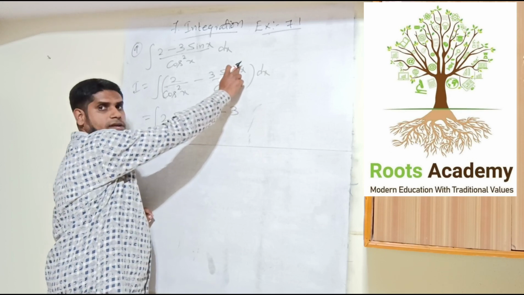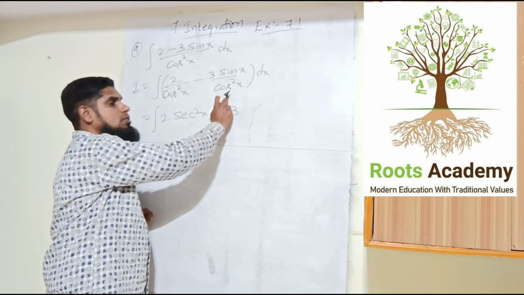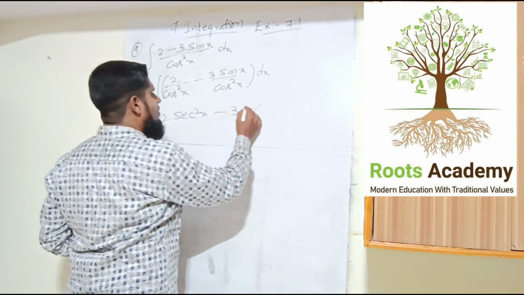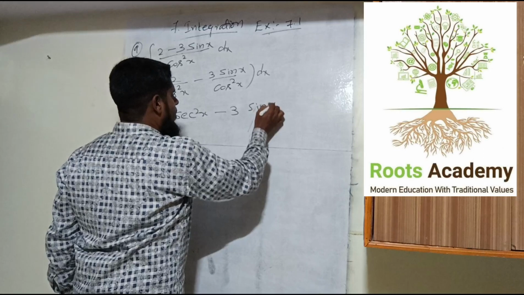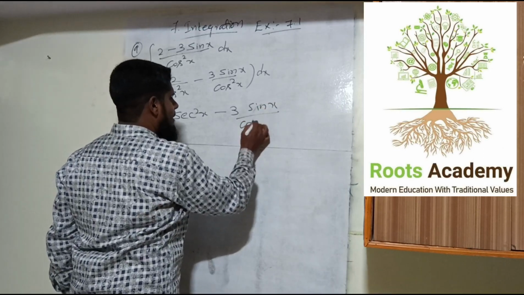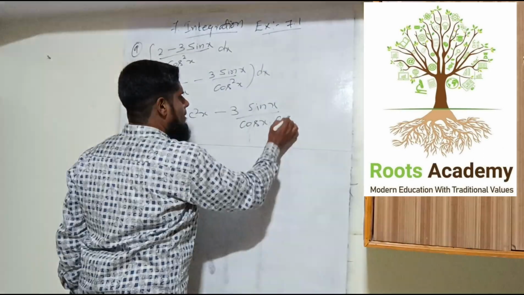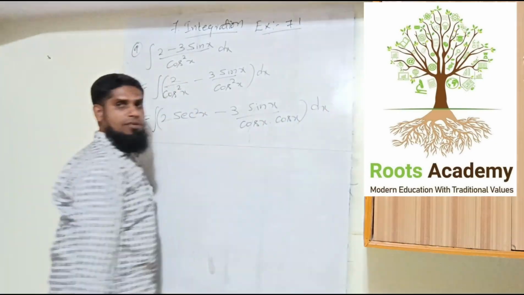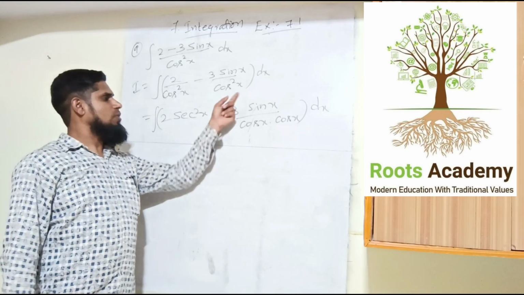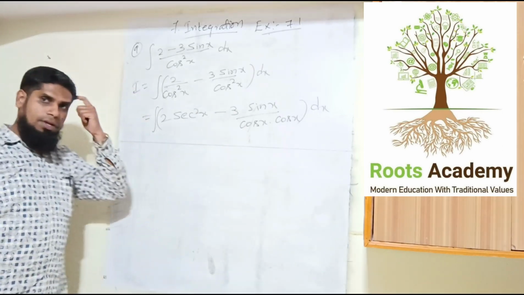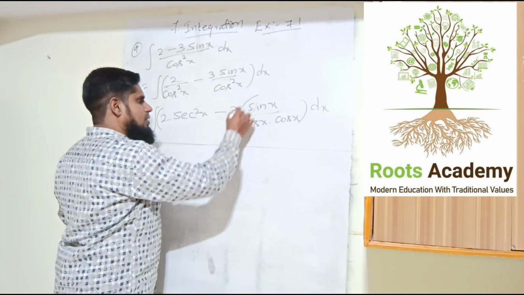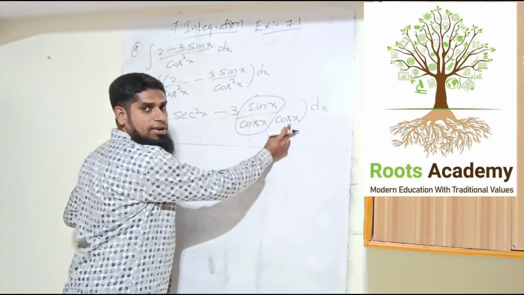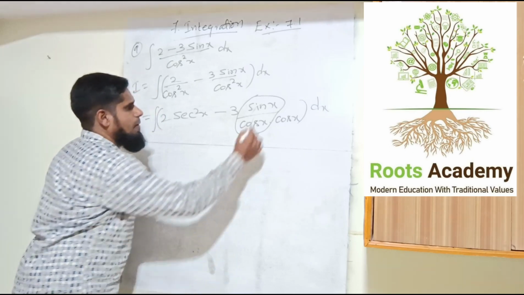So I will mix sin with 1 time cos, so that I can read it as sin by cos. I will write it like this: sin x divided by cos x into cos x. So no student should get confused here. I will write cos square x as cos x into cos x. Now I will mix this numerator sin x with this cos x. Then again separately I will take 1 by cos x.